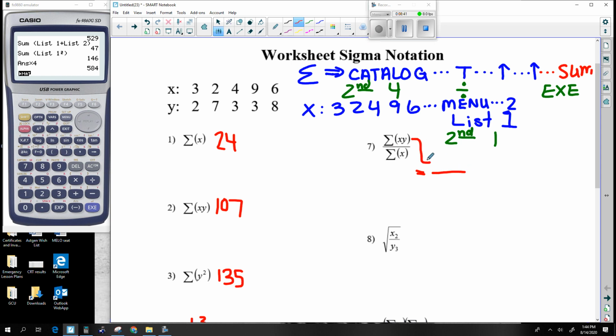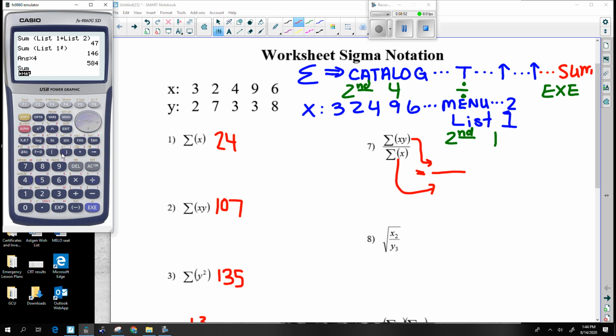So I'm going to get this top answer, I'm going to get this bottom answer, and then I'm going to do the work. So the top is the sum of x, y. Again, it should be the same as number 2.